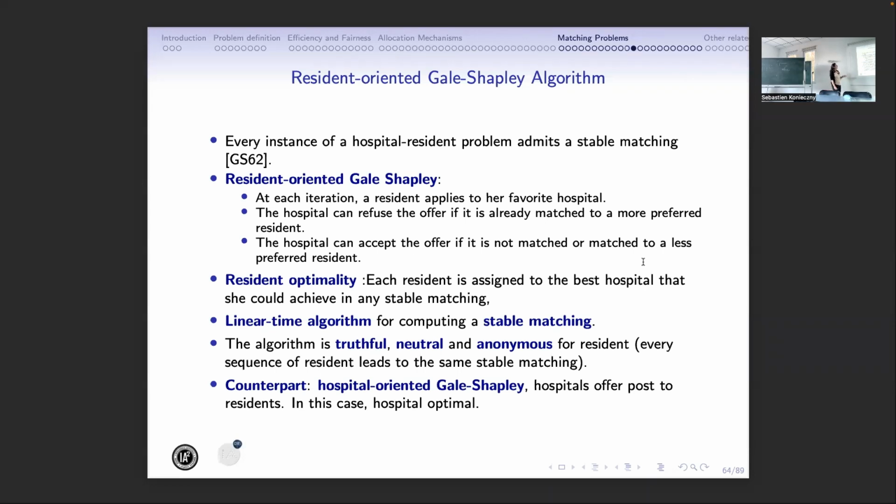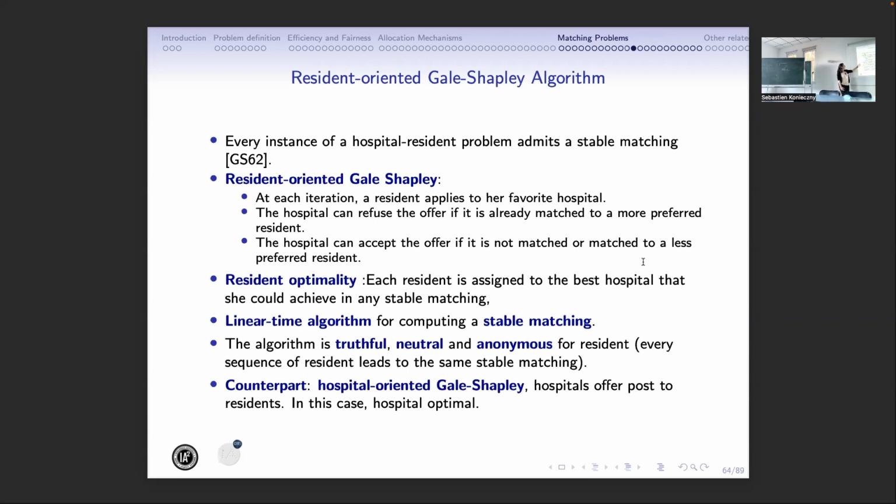So why is Gale-Shapley a powerful algorithm for solving matching problems? First, it is a linear time algorithm for computing a stable matching, so you can efficiently solve the problem.